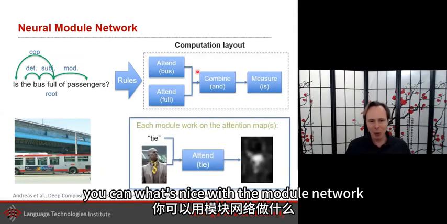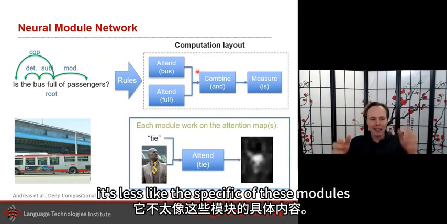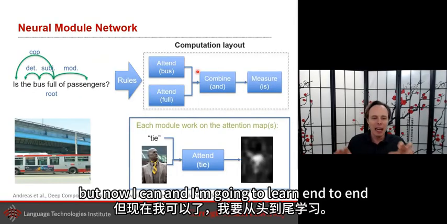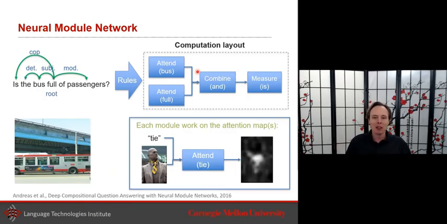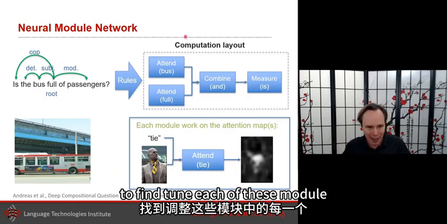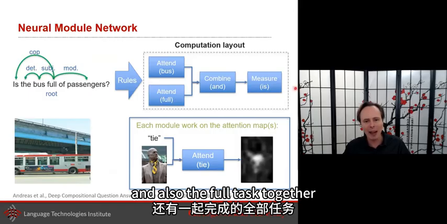What's nice with the module network is that it's less about the specifics of these modules, because now I'm going to learn end to end to fine-tune each of these modules and also the full task together.